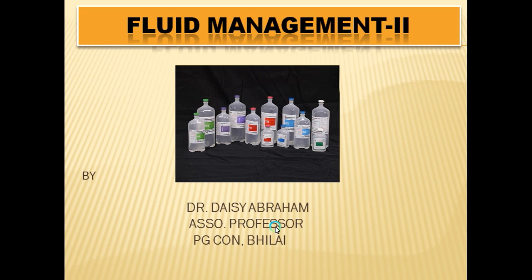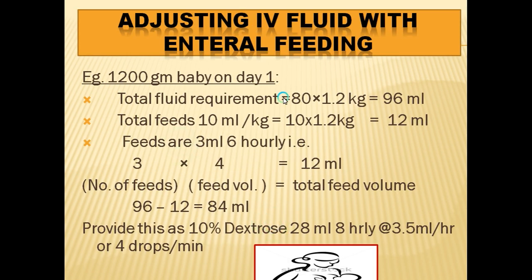Now we'll continue with adjusting IV fluids with enteral feeding. For example, a 1200 gram baby on day 1. Total fluid requirement is based on the table. You must be remembering that I showed you a table with fluid calculations for babies weighing less than 1500 grams and babies weighing 1500 grams or more.